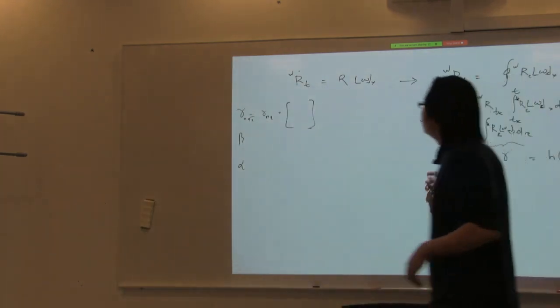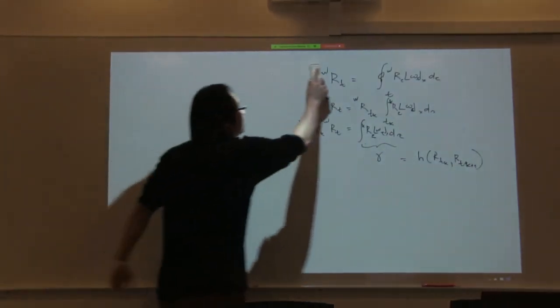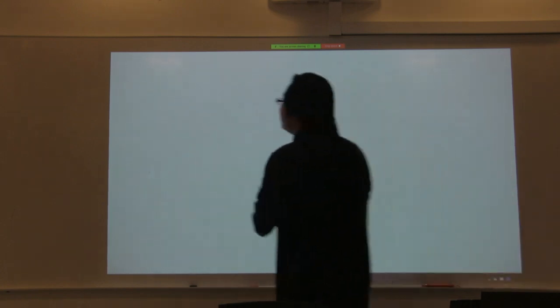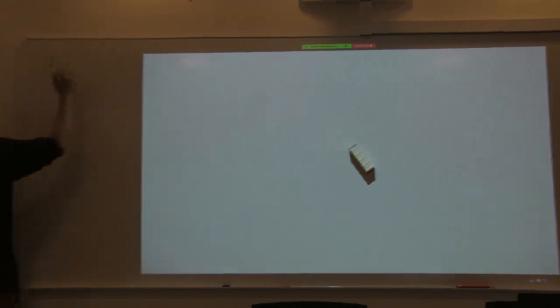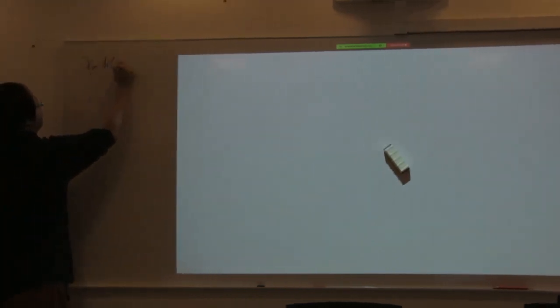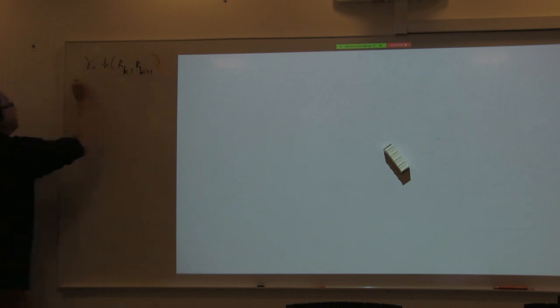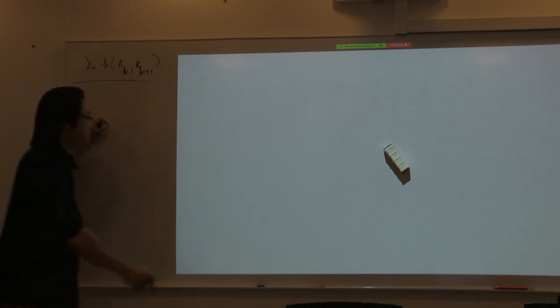Basically, if you don't have any noise or bias, you just have gamma equal to an observation function on the relative orientation.